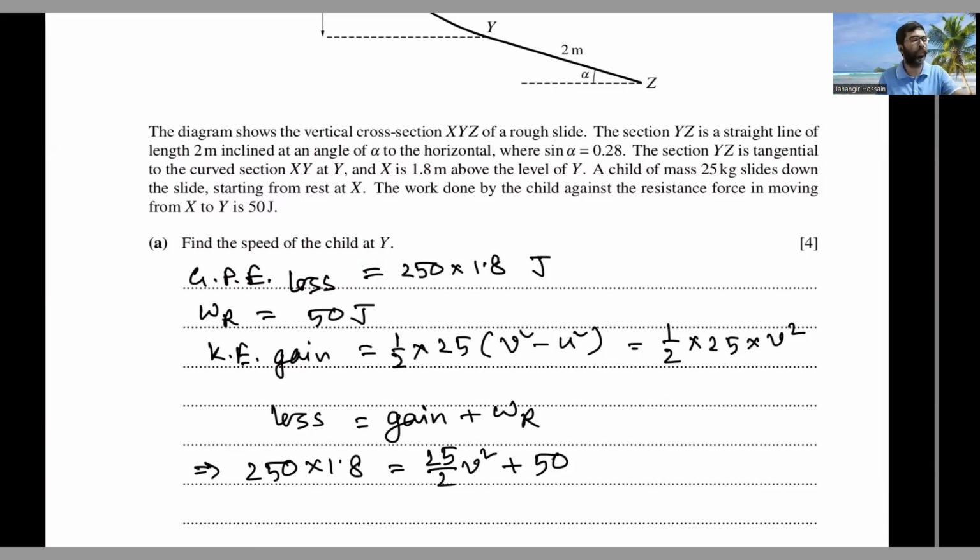From this we have v is 4 root 2 meters per second in exact form, or calculated, 5.66 meters per second. That's the speed of the child at Y.